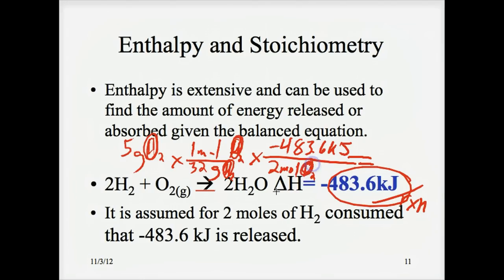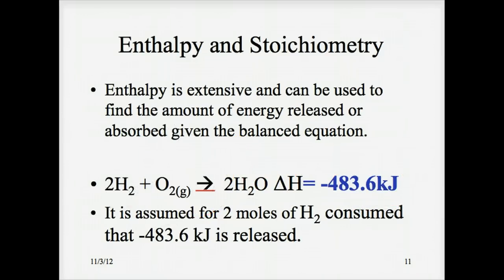And if I change this to oxygen, I would have to change this value to 1, because again, it's negative 483.6 kilojoules per reaction, and when we do our reaction, we only have 1 mole of O2 instead of 2. So basically, you're doing the delta H over the mole coefficient on the bottom. And these tend to be somewhat simplistic calculations.